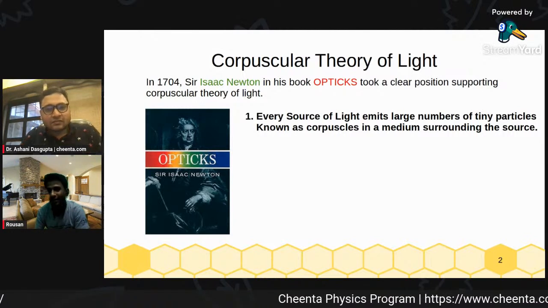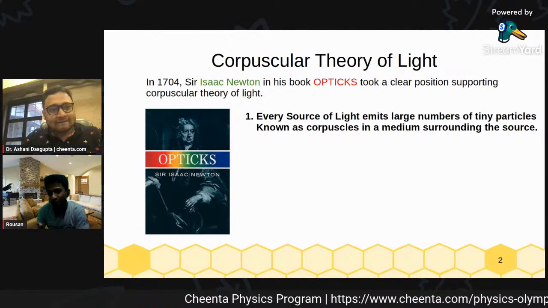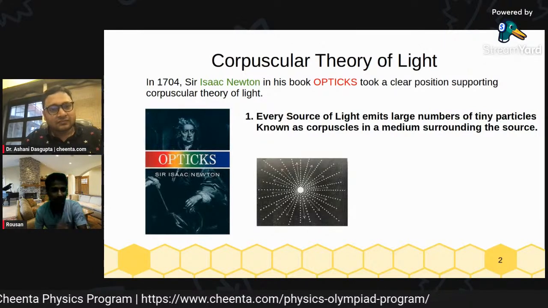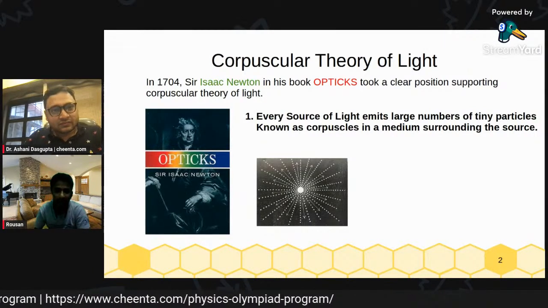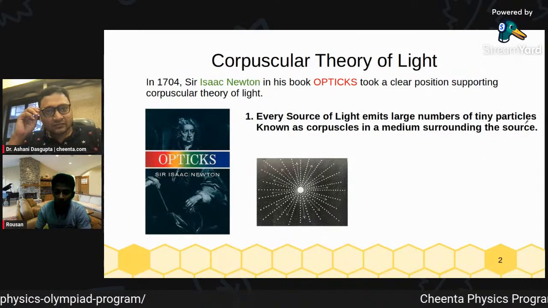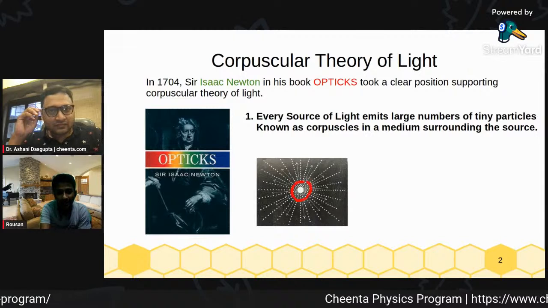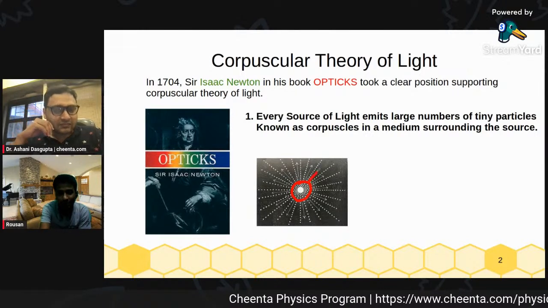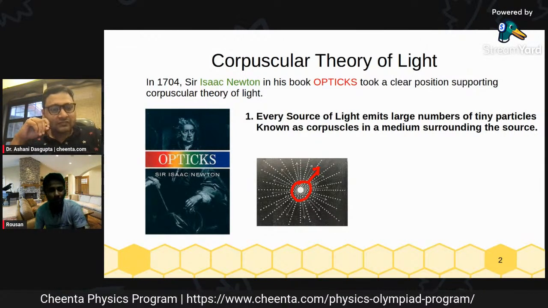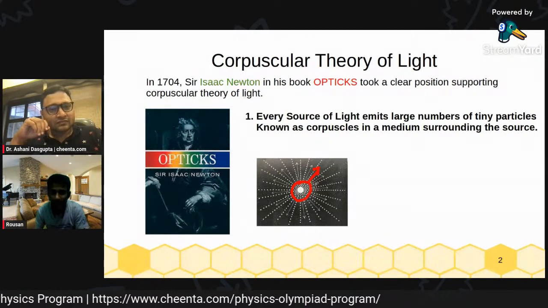He assumed that light is made of very tiny balls. We have a source here, and this source uniformly emits small particles. This was his assumption.